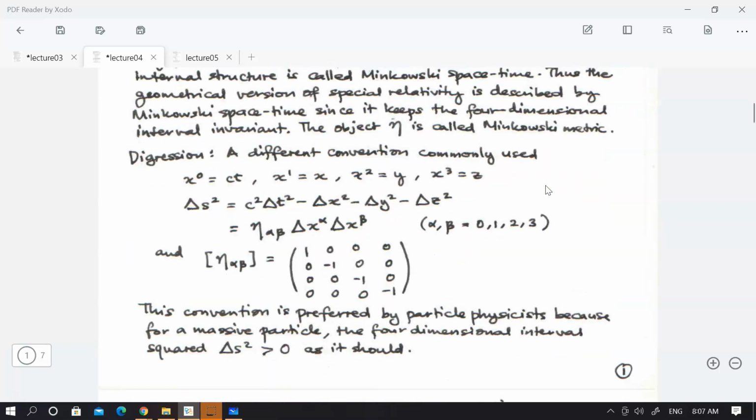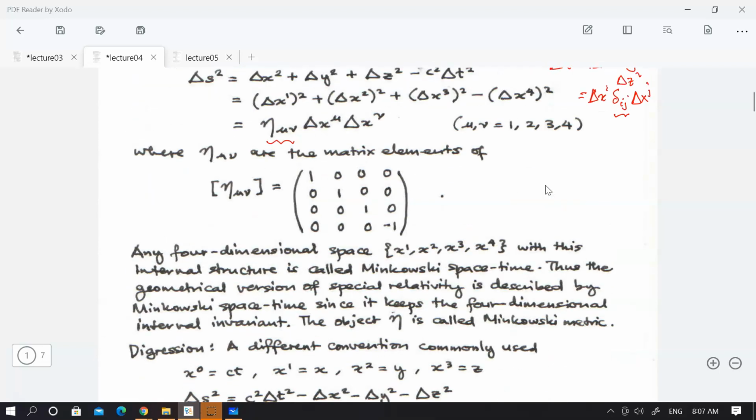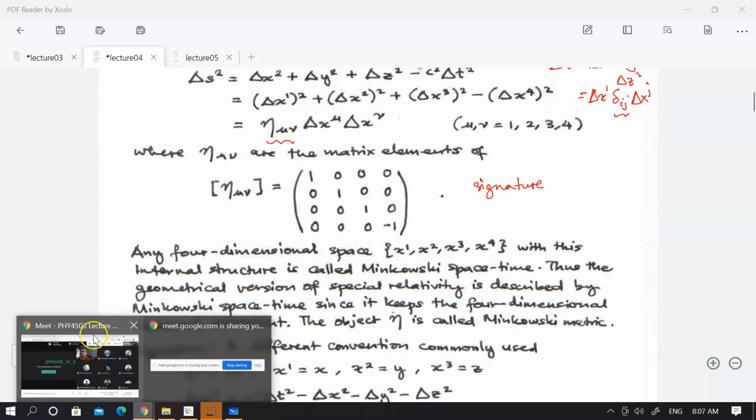I did mention about other possibilities, but the one we are going to adopt is this one. Sometimes this difference between conventions is called a signature.